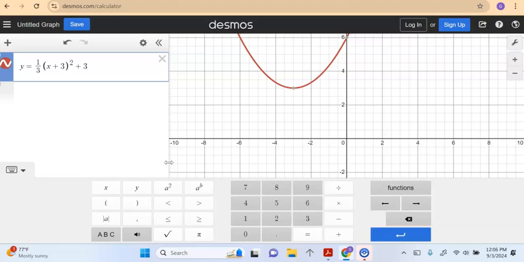And when I multiply by a fraction, vertical squish. The technical word is compression. So if you have a math teacher that likes to use literal math words, they might say vertical compression. But I know a lot of teachers like stretch and squish. Okay, skinny, fat. So that is all performed on one parent, and that's the quadratic parent.